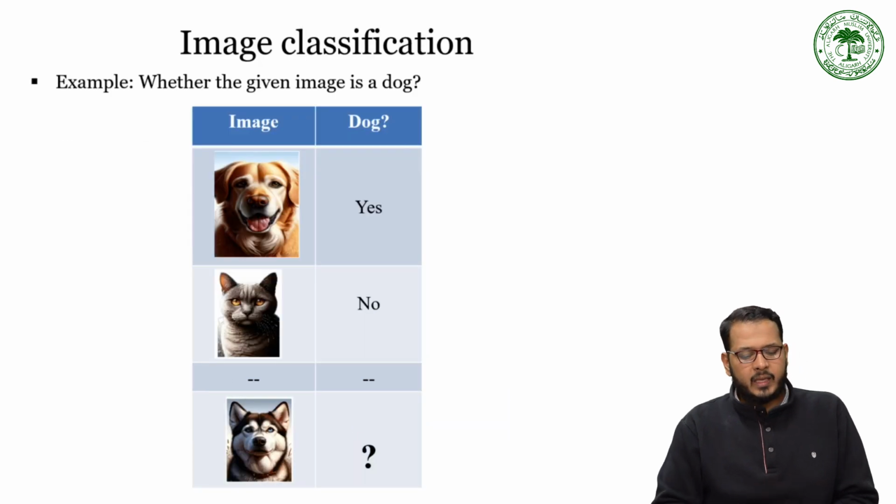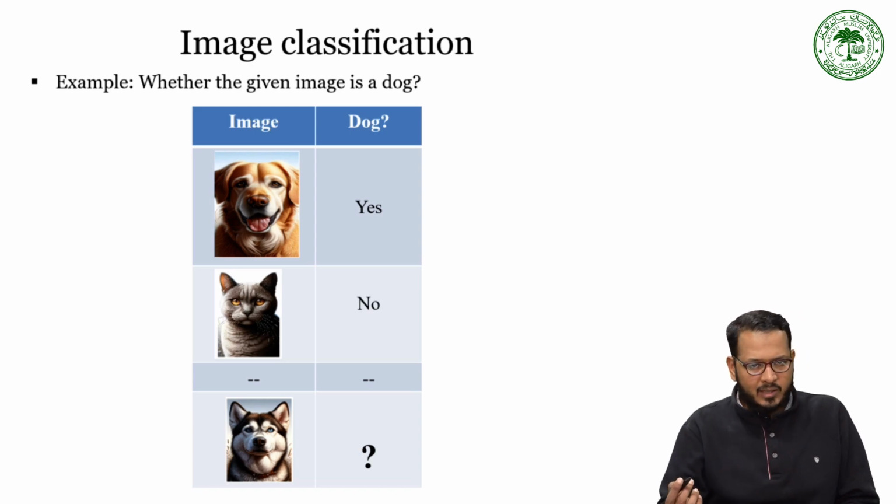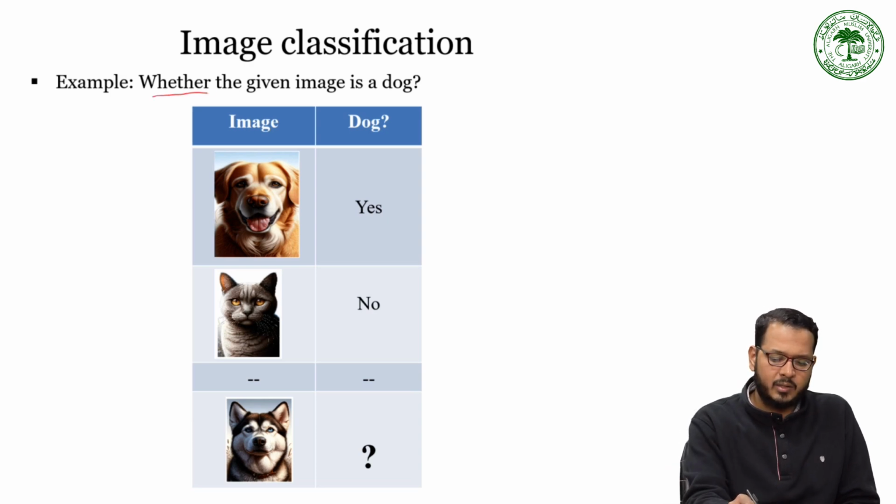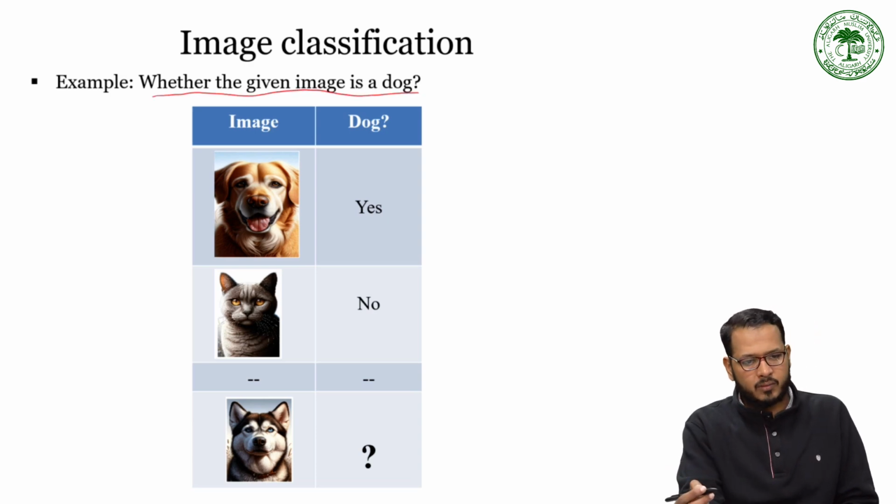However, in the case of image classification, the input is an image and the corresponding class could be, in this specific example, either yes or no. So the question that we want to solve in this specific case is whether the given image is of a dog or not.